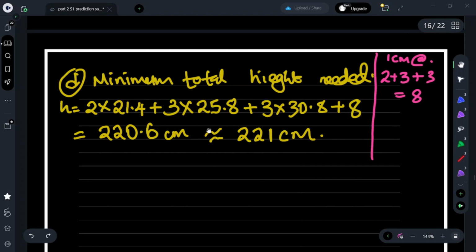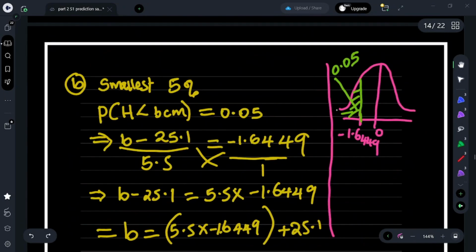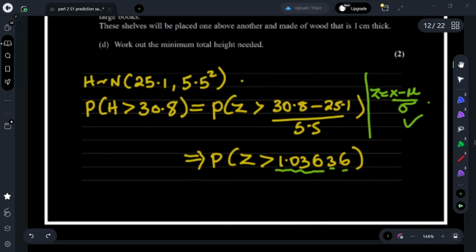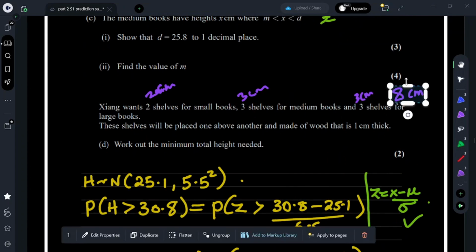We calculated that as the value of D previously. So 3 times 25.8. Then as a result of the large books, 30.8 was the maximum height, because any height above 30.8 was not supposed to be placed on the shelf. So 30.8 multiplied by 3, plus the 8 centimeters for the total thickness of those shelves.